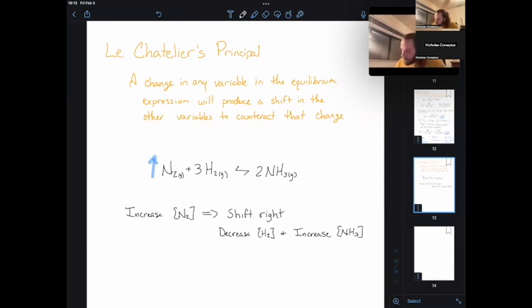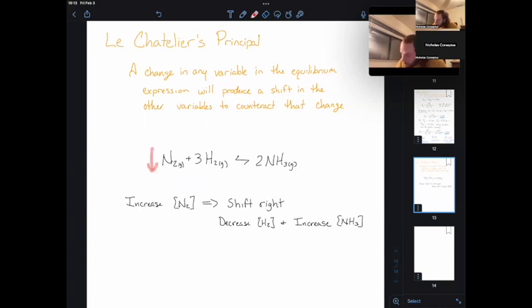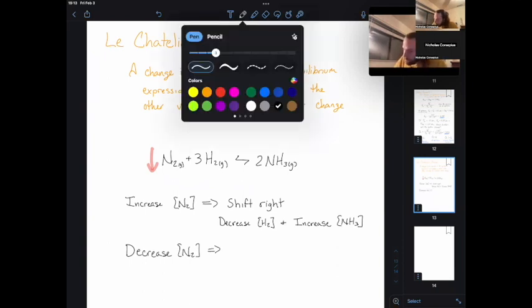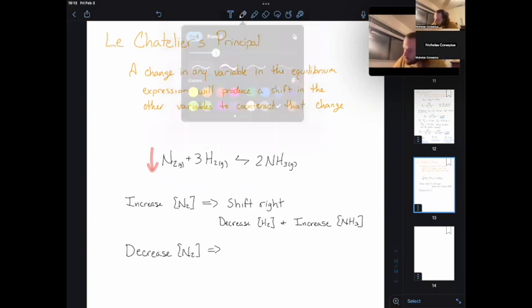Okay, so now let's think, if instead of increasing nitrogen, what would happen if all of a sudden I took away a bunch of nitrogen, right? I let this system go to equilibrium and then I remove some of the nitrogen. So we're going to decrease the concentration of N2. This is going to have the reverse effect, where now we're going to shift things to the left.